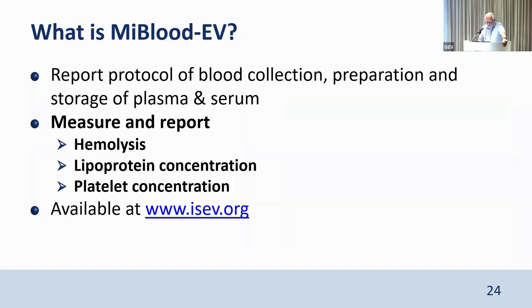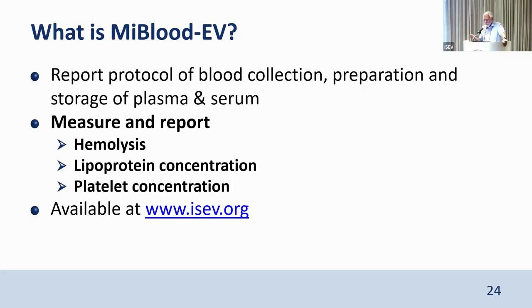Now, what is MIBlood EV? It's very simple. If you write a paper where you do EV research, you always have a method section that you have to write, and you have to write down the protocol of blood collection, preparation, storage of plasma and serum. This is what everybody's doing, or should be doing. What MIBlood EV says is that I think we should go one step further, and also, if possible, try to measure and report whether you have hemolysis, the lipoprotein concentration and the platelet concentration.